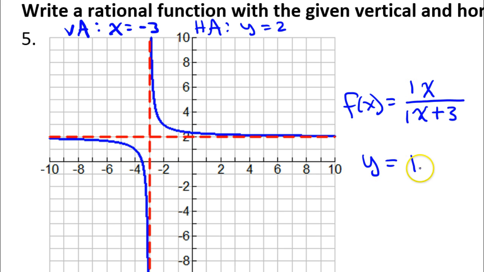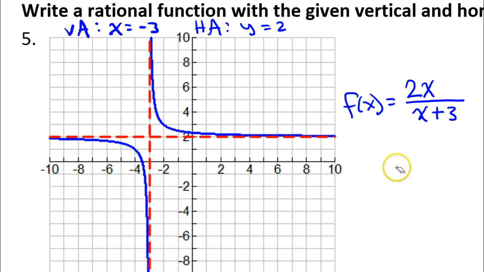But I want it to be 2. So as long as I'm using these leading coefficients, all I have to do is change this. Instead of a 1, I need a 2. Now the leading coefficients are 2 over 1, which will give me y equals 2. So that's it. That would solve the problem. That's the answer to the question.